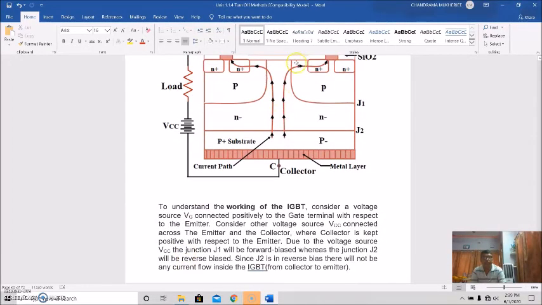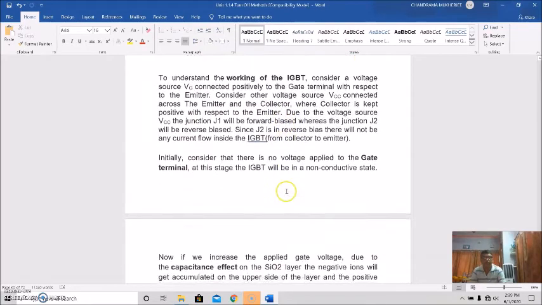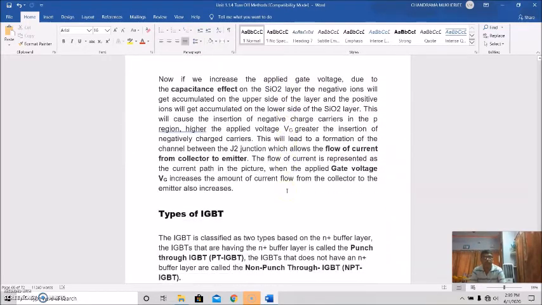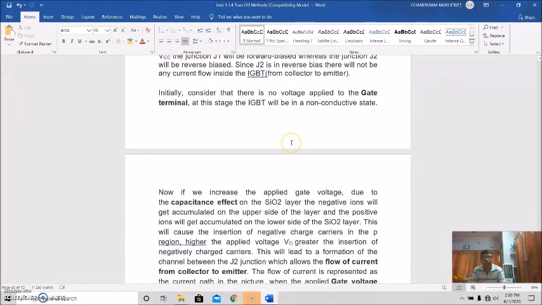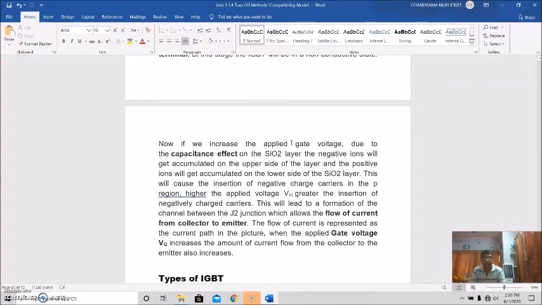That is shown here, collector to emitter. So the flow of current is represented, as I told you, in this picture, in these directions.